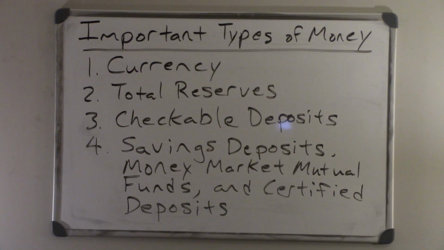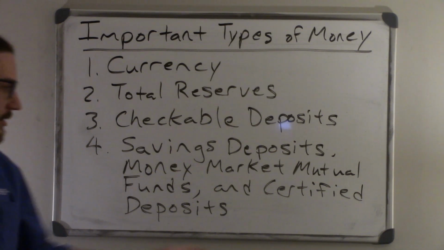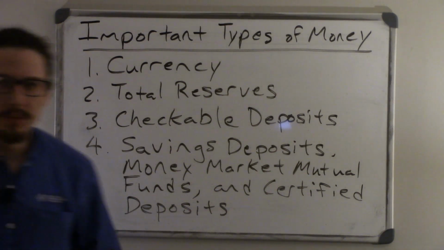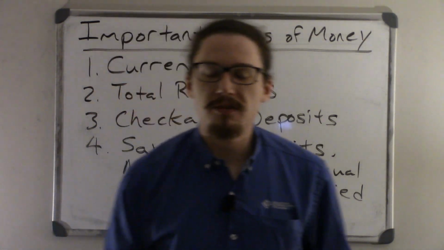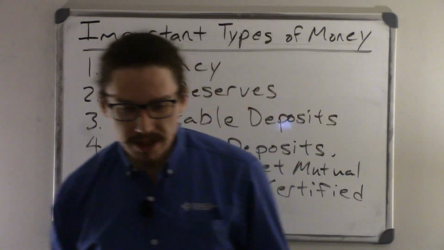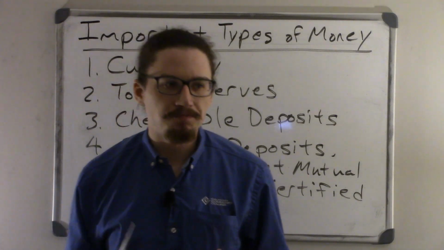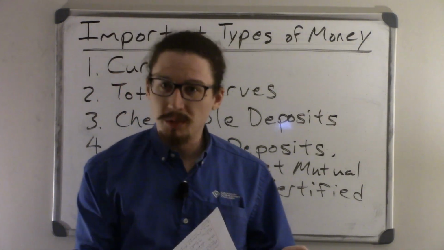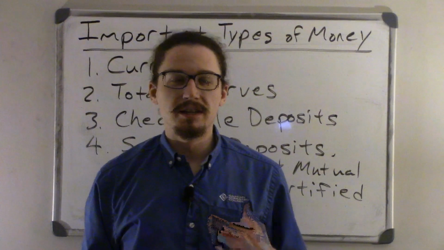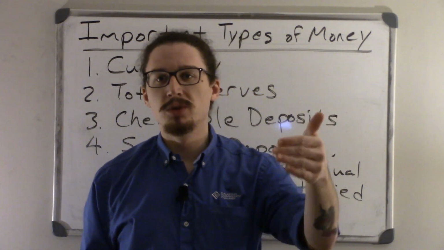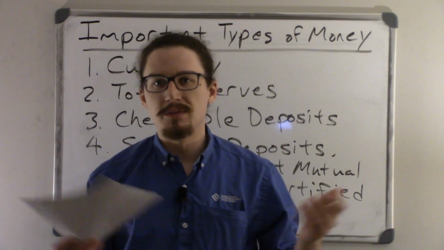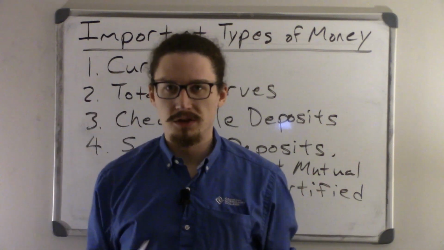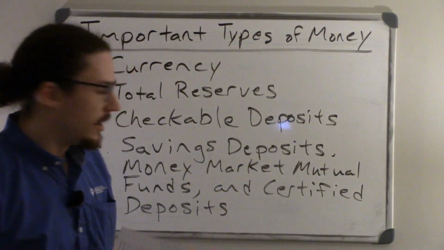And then the last one, certified deposits. You're more likely to have heard of these referred to as CDs. At least that's how I've always heard them referred to. I've never heard anybody say certified deposit in real life. If you don't know what a CD is, essentially you take money and deposit it with the bank, and they say you can withdraw this money in 6 months or a year or however long the term is.